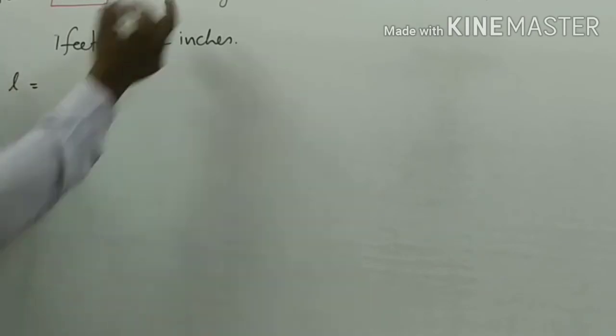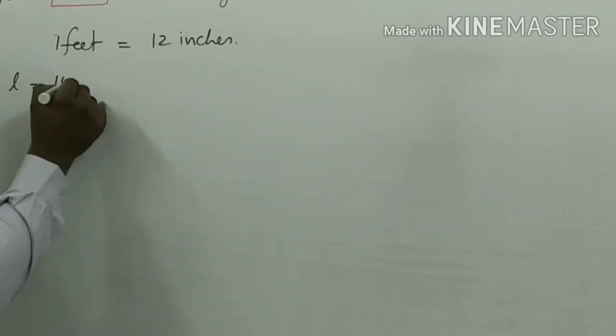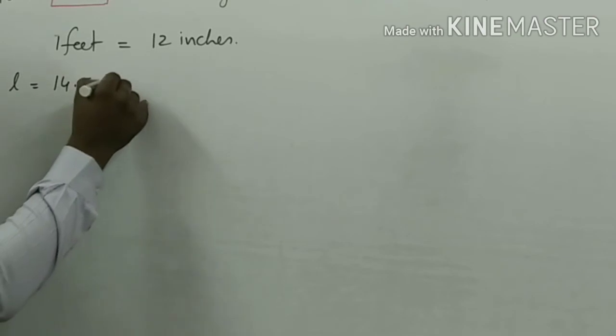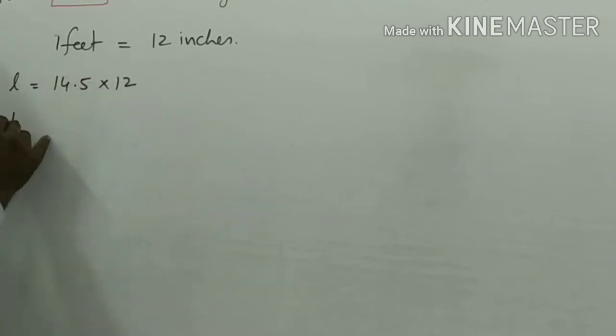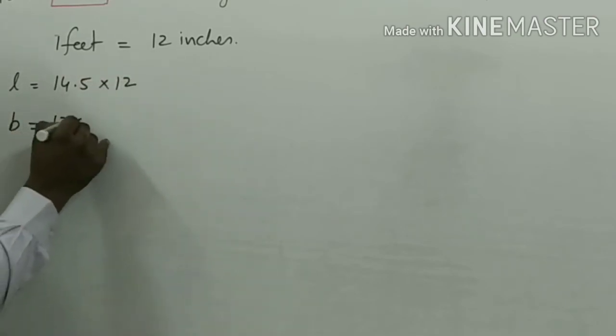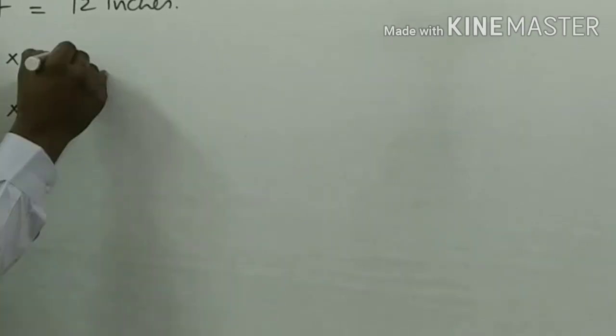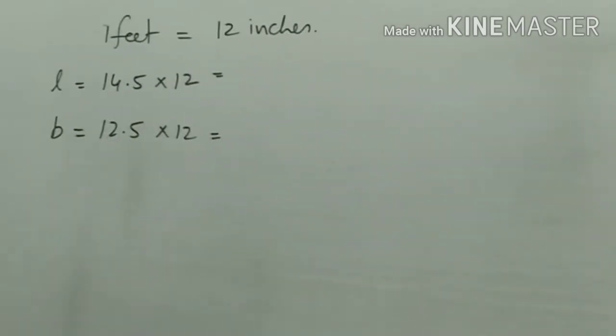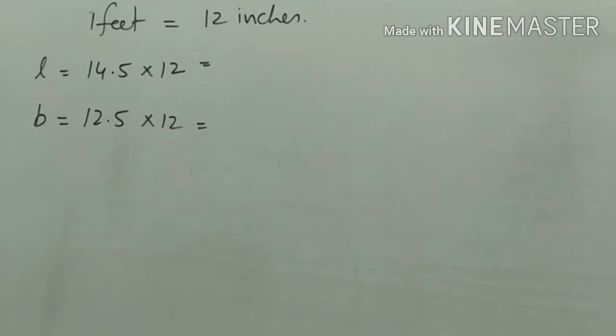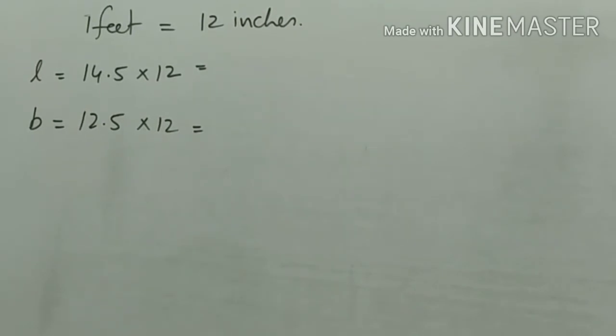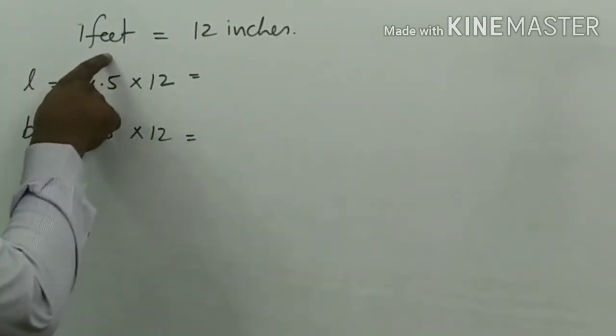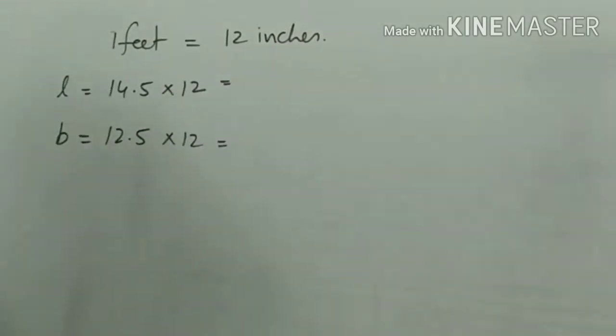So the length of the bathroom is 14.5 into 12. Breadth is equal to 12.5 into 12. If you multiply, you will get the length and breadth in inches, because 1 foot is equal to 12 inches.